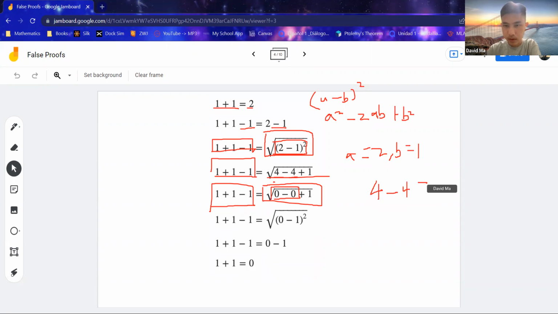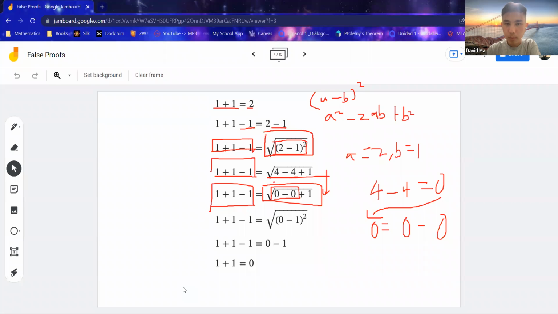If we write 0 in a complicated way, 0 equals 0 minus 0. So we did a small trick from here to here, and we got 0 minus 0 plus 1.